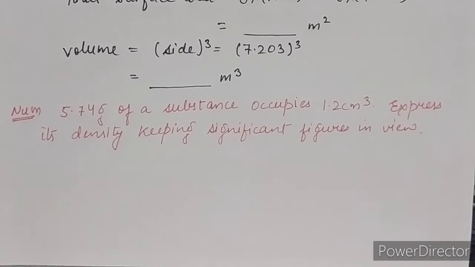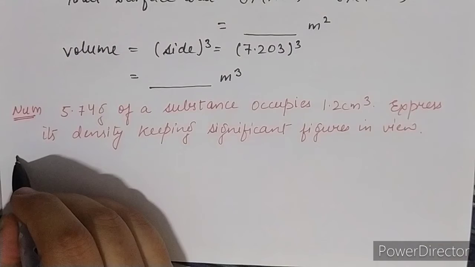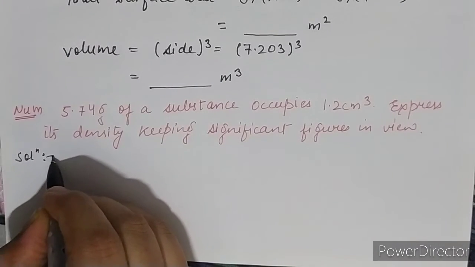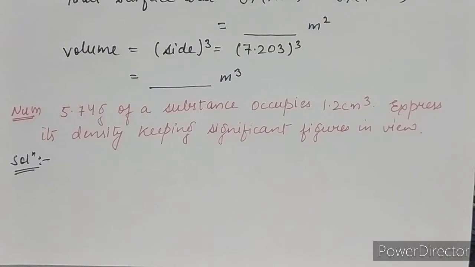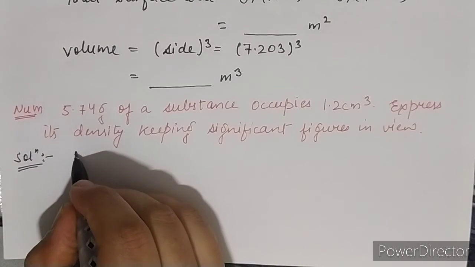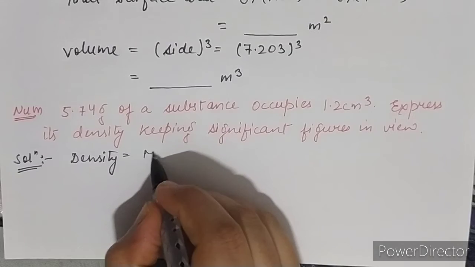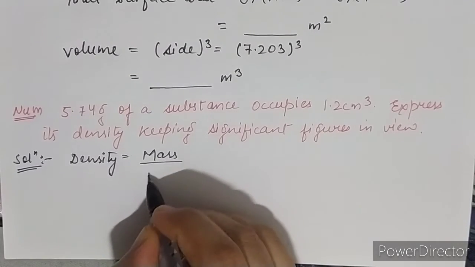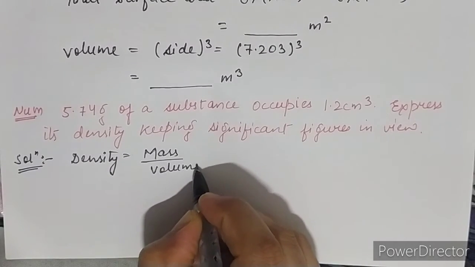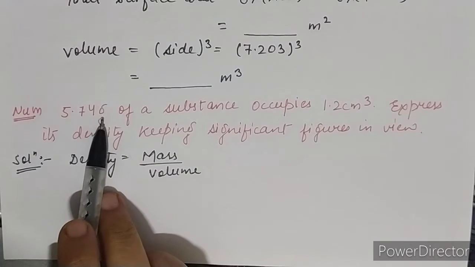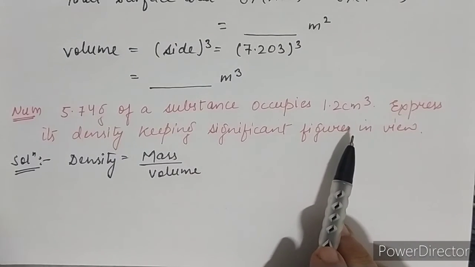density. But before calculating the value of density, you have to know the formula of density. And what is the formula of density, beta? Mass upon volume. Because if you don't know the formula of density, then you are unable to solve this numerical. This is the mass in gram and this is the volume in centimeter cube.